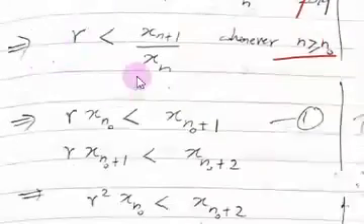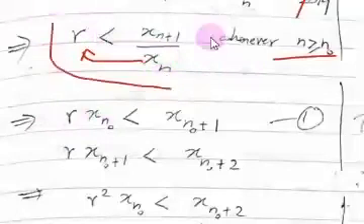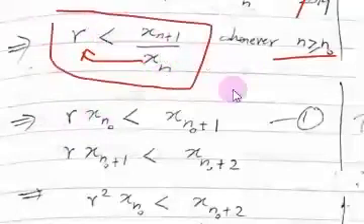So now I cross multiply this by this number, then I can rearrange this inequality. This is true for all natural numbers greater than or equal to n naught.